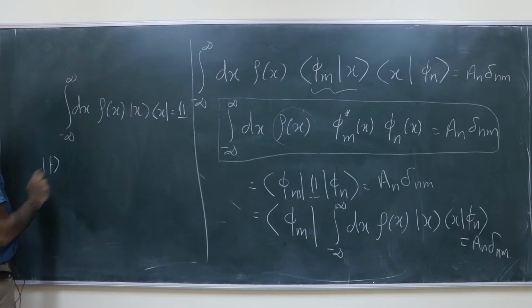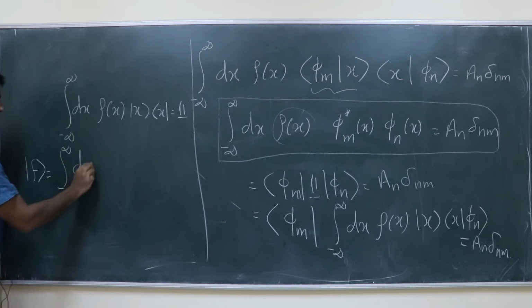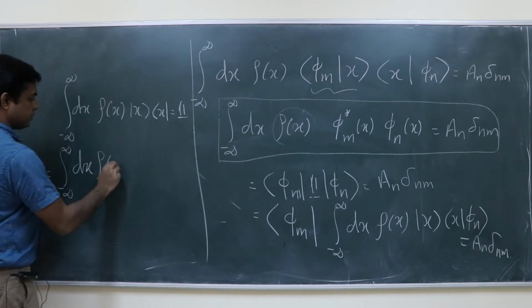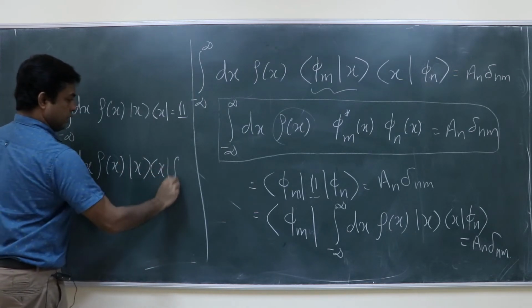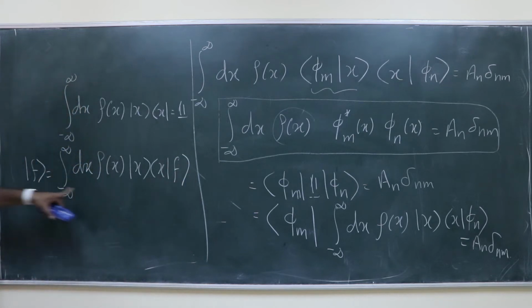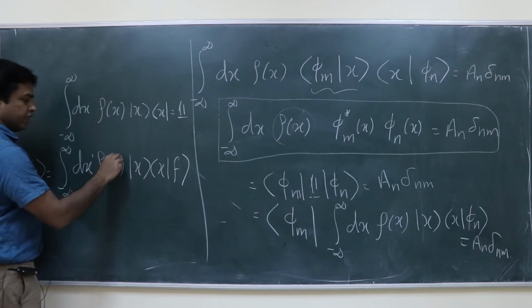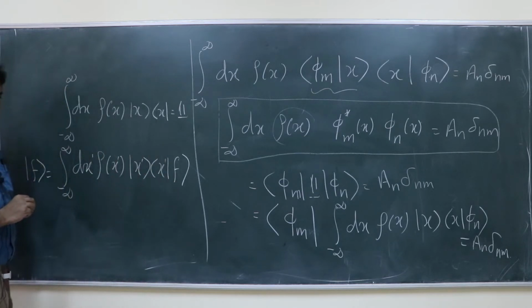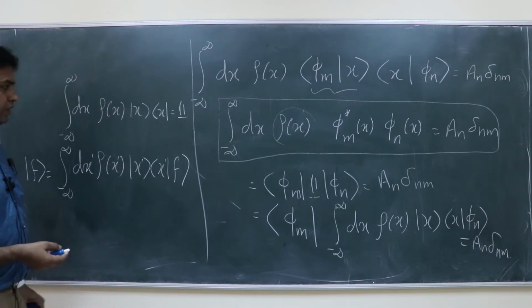I act this identity operator on it. So what will I get? Integral minus infinity to infinity dx rho of x ket x bra x f. So this is the same as this, right? Because this is the integration variable, I can just substitute x prime. No issue, instead of x I have written x prime.